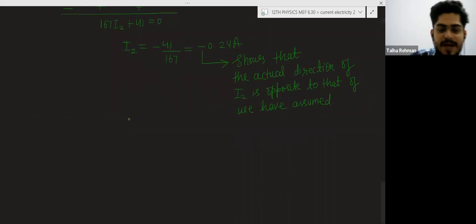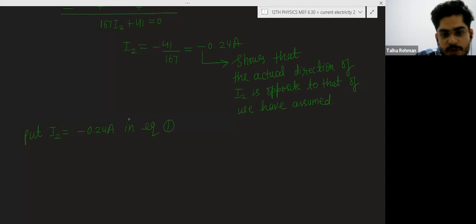Now we will solve for I1. So put this I2, that is minus 0.24 ampere, in equation 1. You can put in any of the equations. When you put this in equation 1, 11 I1 plus 5 into minus 0.24 minus 2 equal to 0.